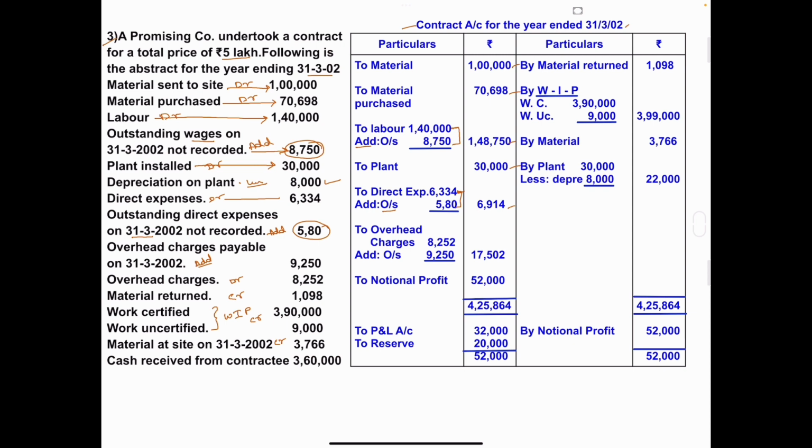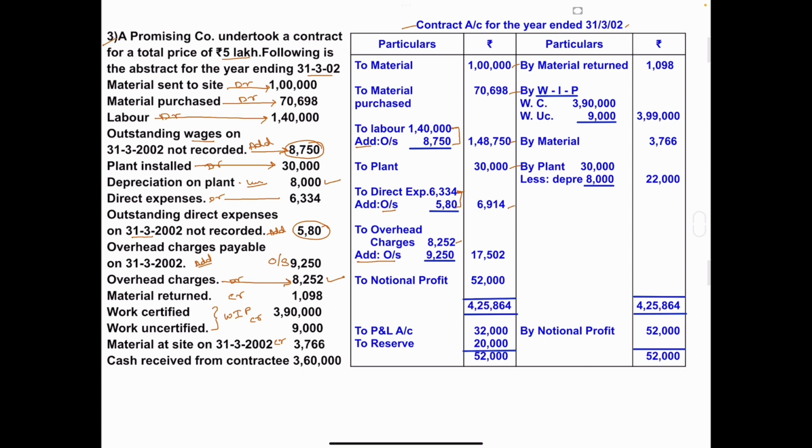Overhead charges payable on 31st March 2002. This is the outstanding amount. And overhead charges is 8,252. So first we will take this one. To overhead charges, write in the solution part, 8,252.